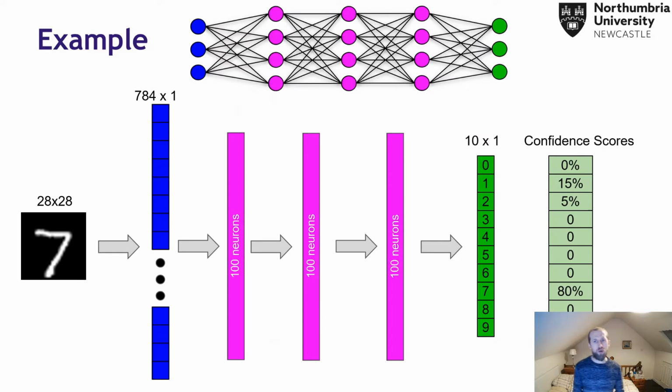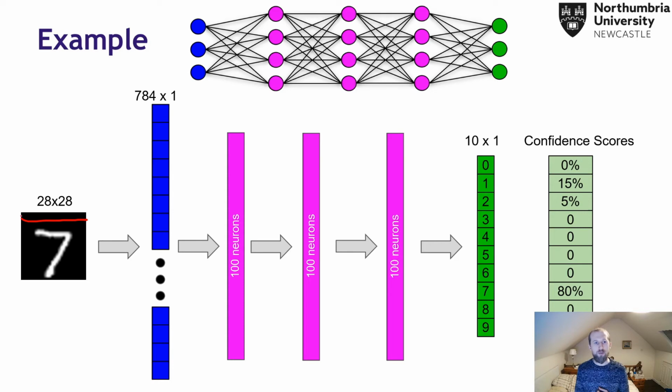So I'm going to talk you quickly through an example. This 7 should be familiar to you by now from the MNIST dataset. And the first stage is that we need to do a little bit of a transformation so that we can put it into one of these neural networks. So instead of having a 28 by 28 image, because we know that we need to have a vector in the first layer, we do something which is called unfolding, which is very simple.